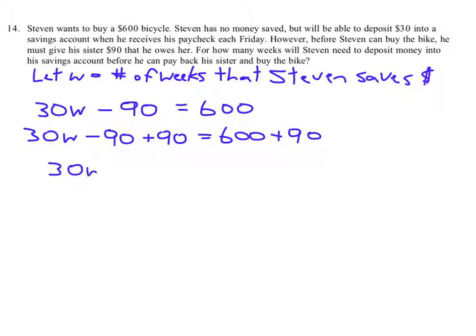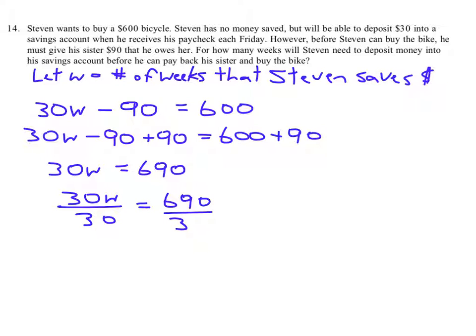You then get 30W equals 690, because what you could have said is $30 a week times the number of weeks equals 600 for the bike plus 90 for the money that he owes his sister, and that would have equaled 30W equals 690, okay? And then you can say, now we do 30W divided by 30 equals 690 divided by 30, or W equals what?